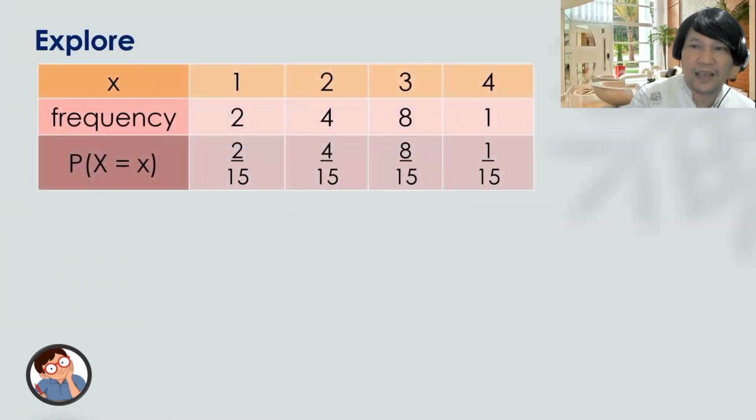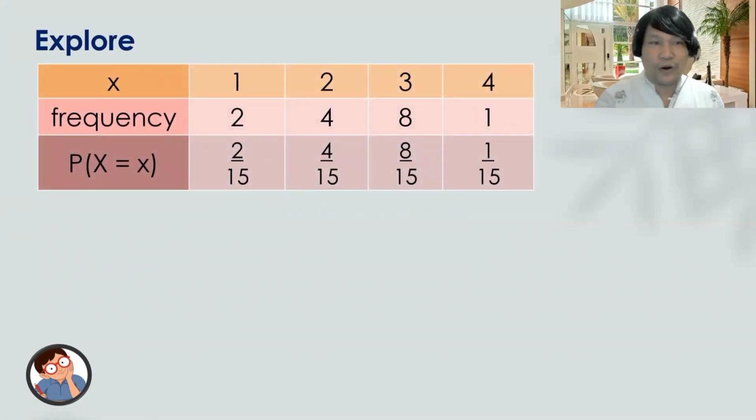Let me show you how the given distribution was transformed into a discrete probability distribution.